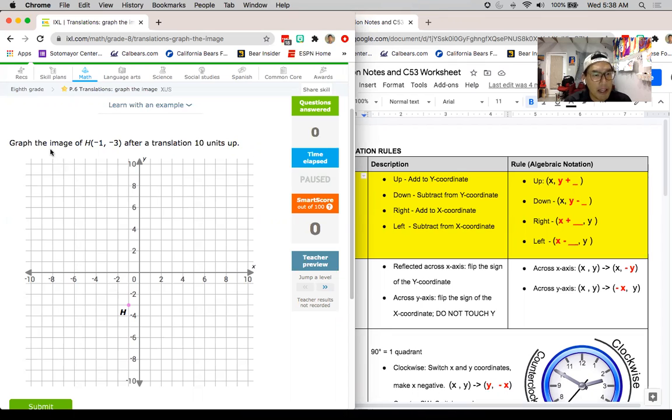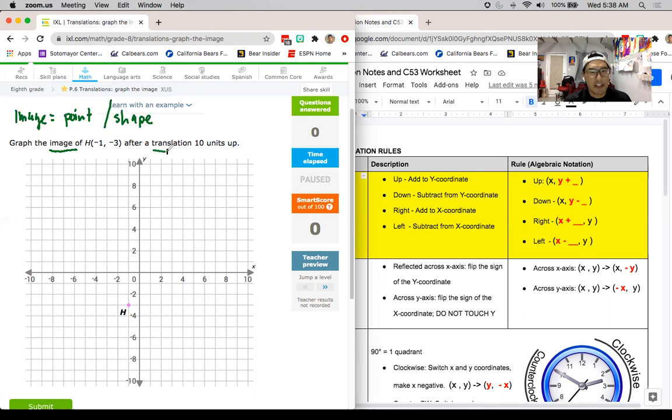So first thing I'm going to highlight for you in terms of math vocabulary is it says image. So image is a point. It can also be a shape. Okay, so that's what they mean by image. And there's my image right now. It's H. It's a point.